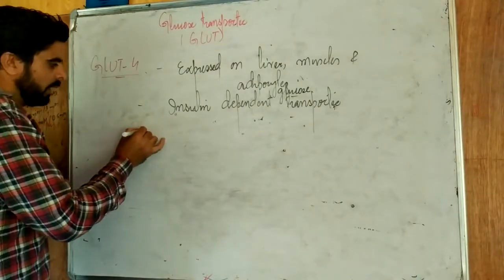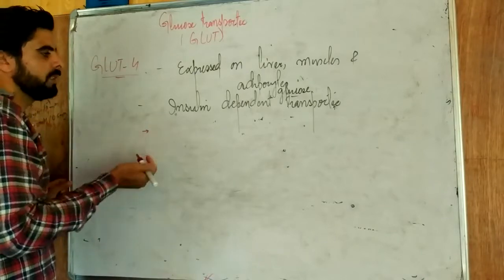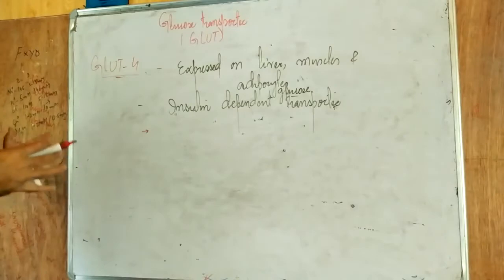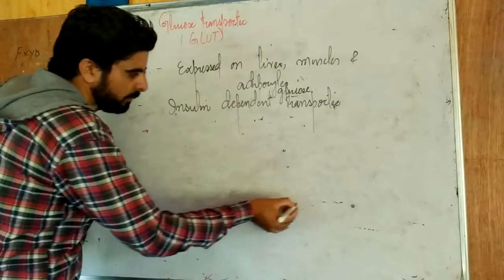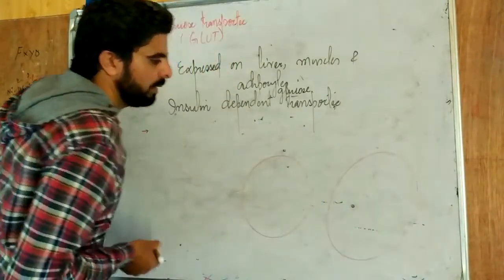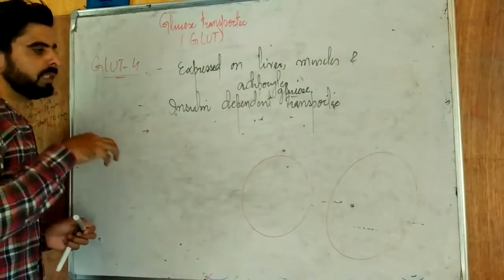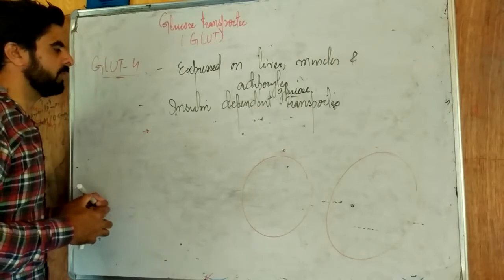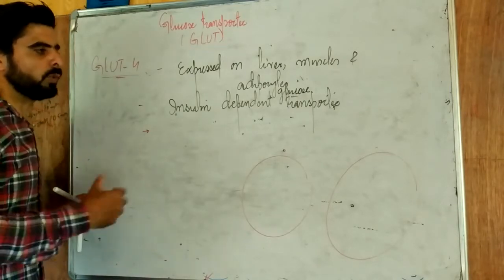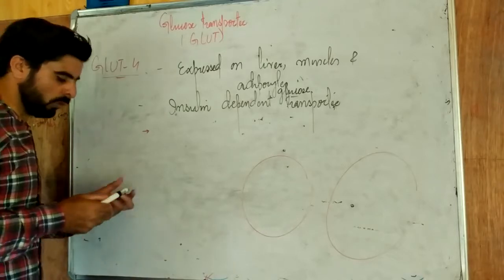Now, in absence of insulin signaling, it is present in an intracellular vesicle. Say for instance, I am taking a cell here. I am showing you that if there is no insulin, where is the presence of this GLUT 4, and if insulin signaling is present, what is the presence of this GLUT 4?